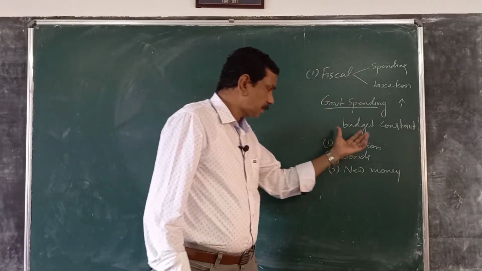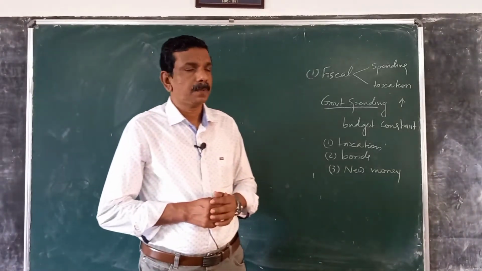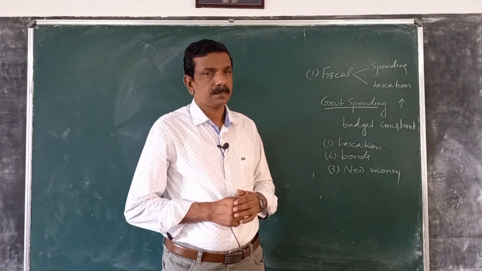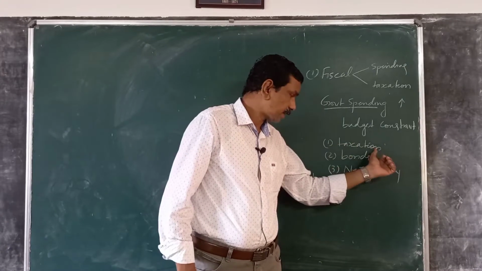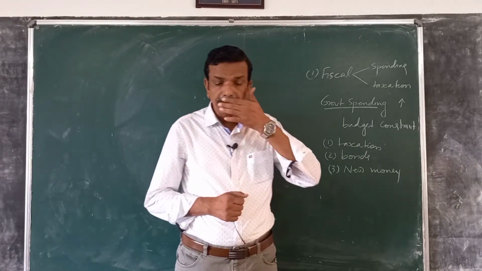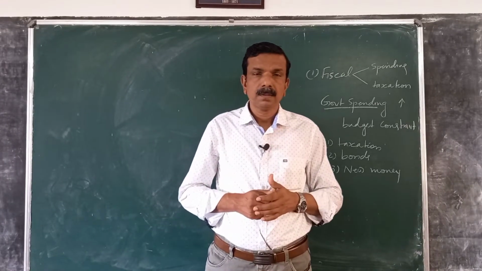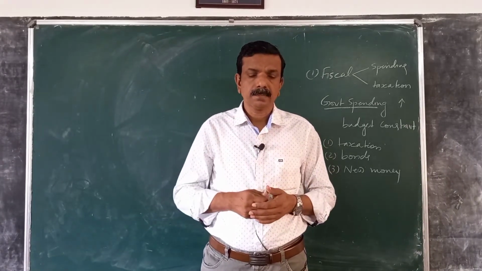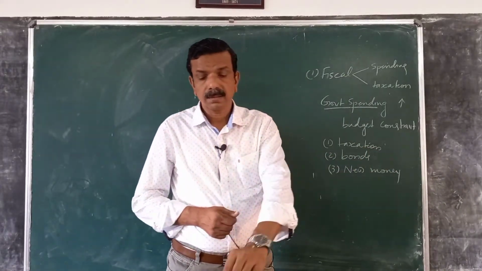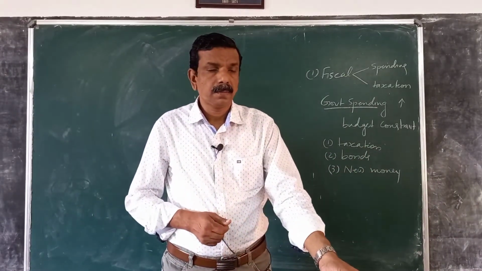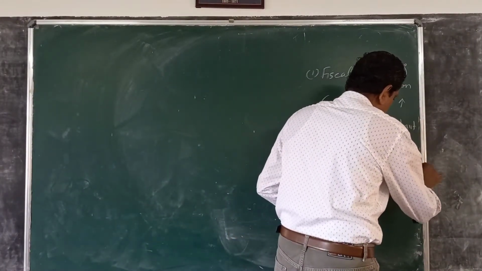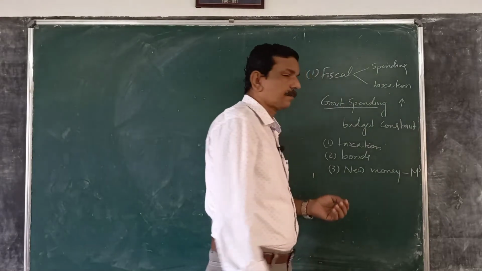So these are the three methods by which government meets increased spending: increase in taxation, selling bonds to the public, and printing new currency, which means an increase in the supply of money.